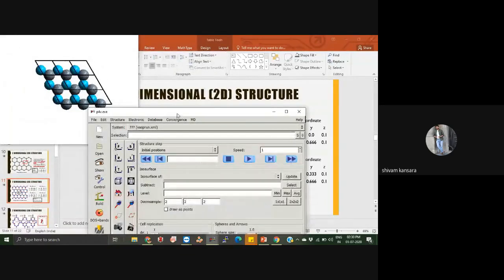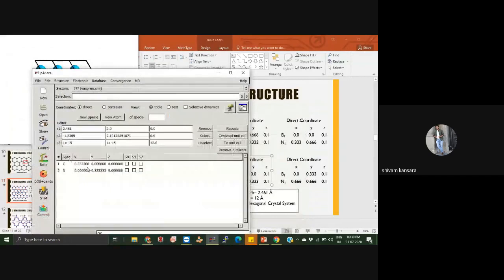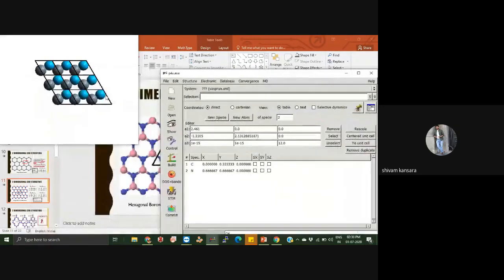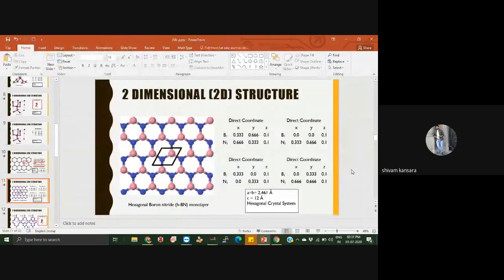And the last one is 0 0, and this is 0.333, and this is 0.666. Now you can see again the structure is hexagonal. So we have a total of 4 possible ways to make this graphene-like hexagonal structure.